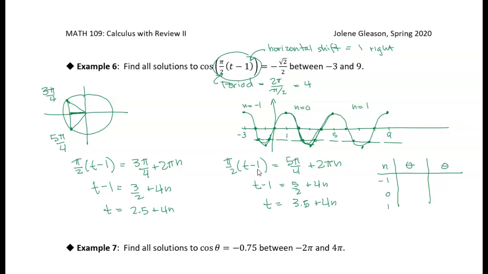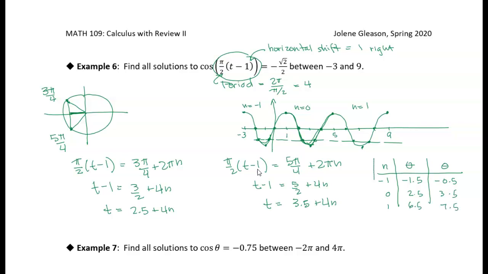So at n equals minus 1, just plugging in n equals minus 1 into both of these equations, I get an angle of minus 1.5 and minus 0.5. If I plug in 0, I get 2.5 and 3.5. If I plug in 1, I get 6.5 and 7.5.